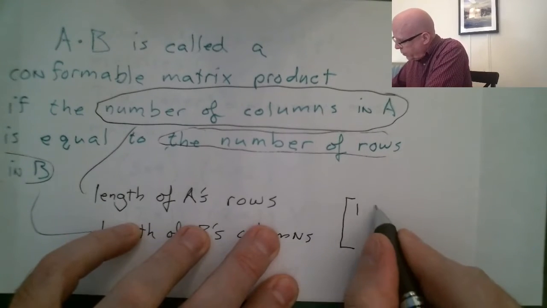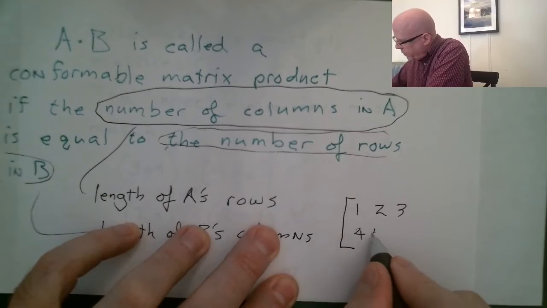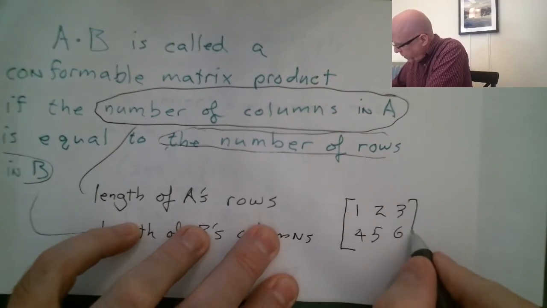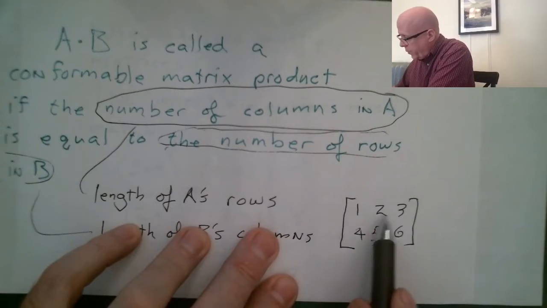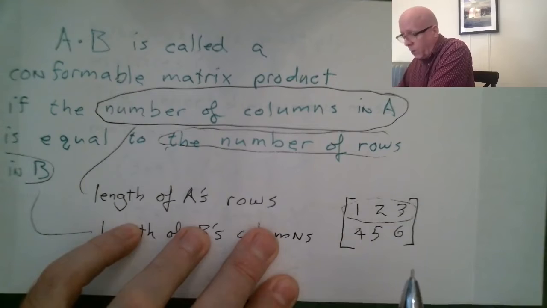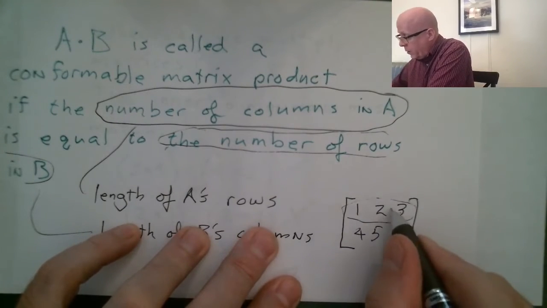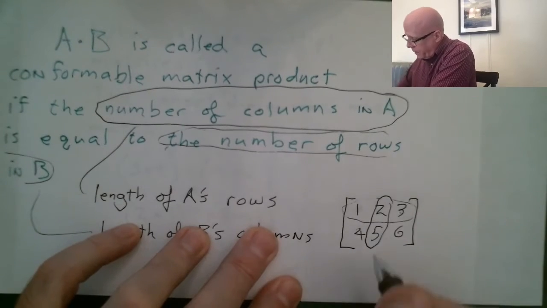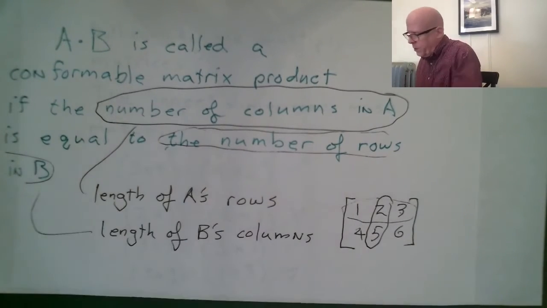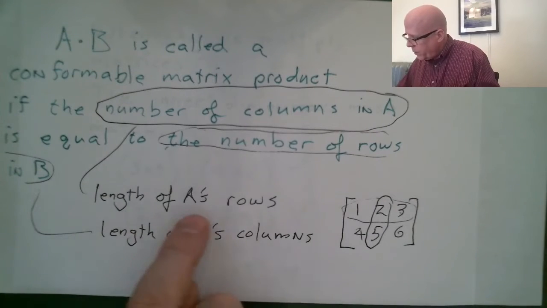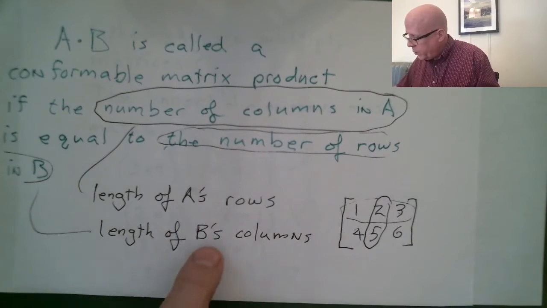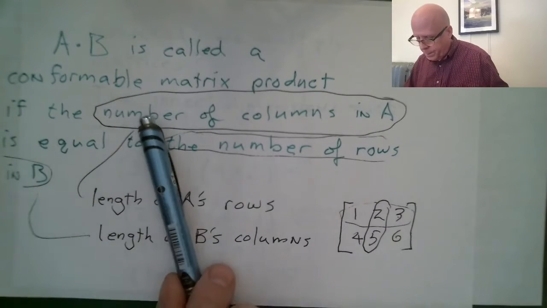I'm going to do 1, 2, 3, 4, 5, 6. Okay. Now that has 3 columns. 1, 2, 3. But do you see how long the rows are? Also 3. It has 2 rows. And now, do you see how long the columns are? They have 2 entries because there are 2 rows. So there's this sort of interchange of number of one thing and length of the other thing. But we're going to really think about the length of the rows in one being equal to the length of the columns in the other.